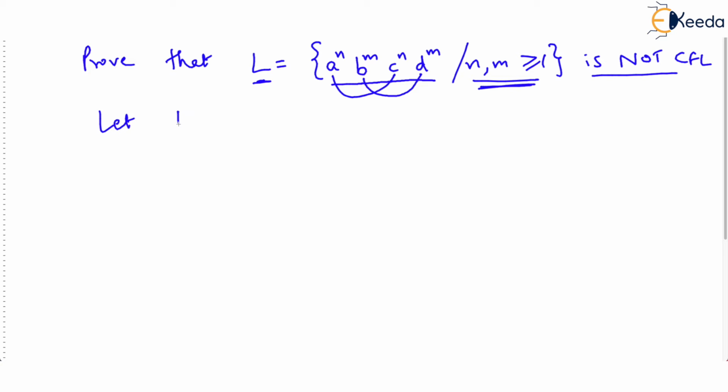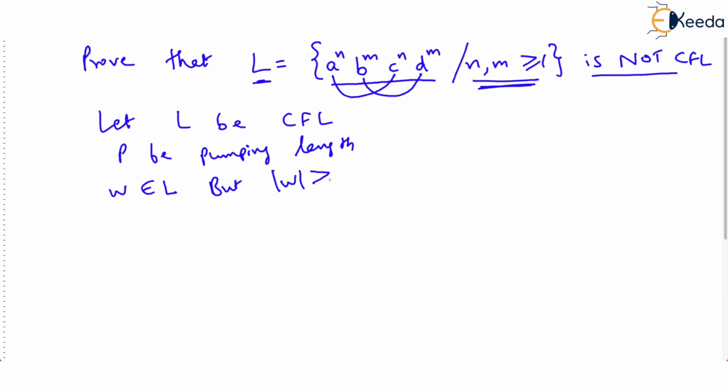First thing is, let L be CFL. Then let P be the pumping length. Now you have to consider some word W element of L, but the length of the word should surely be greater than or equal to P. Then the word that you can consider is a raised to P, b raised to P, c raised to P, d raised to P. You might say, but sir, here we were given a raised to n, b raised to m, and you are making the superscripts equal.